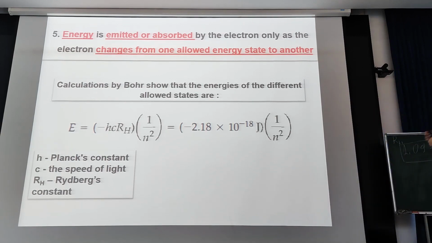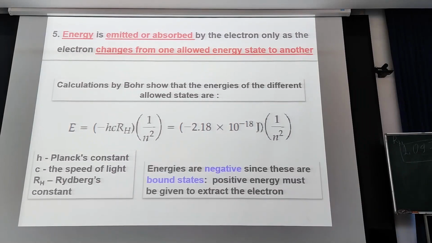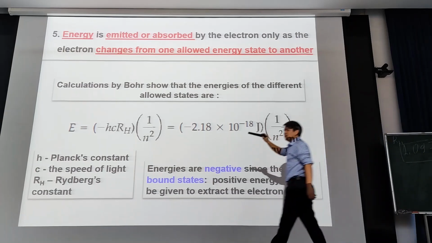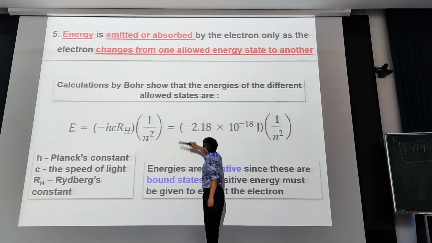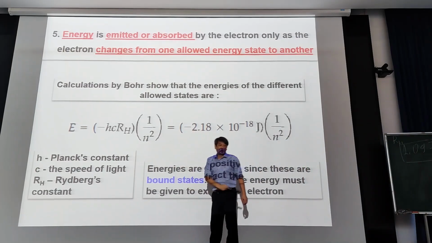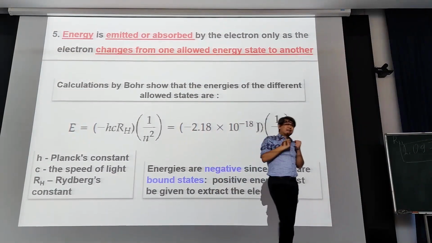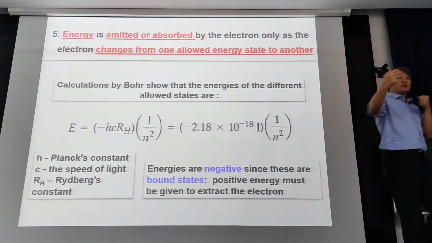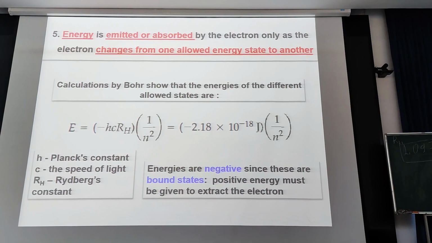Okay? So here in this equation you have h equal to the Max Planck constant, c is the speed of light, and R is the Rydberg constant. You can see here that by this equation, Bohr proposed the energy will have a negative value. It has a negative value because the energy represents the attractive interaction between the nuclei and electron.